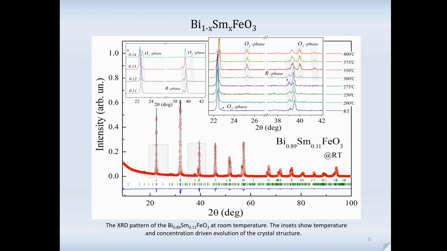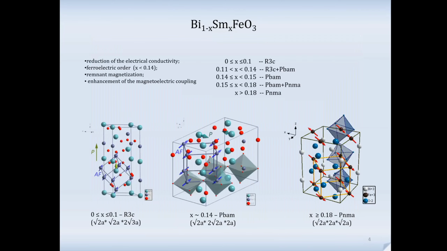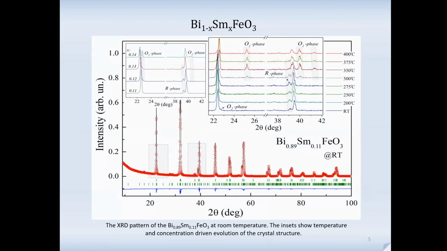And the natural question arises, if this phase coexistence, which I mentioned here, from 11 to 14% of samarium content, if this concentration range is natural and intrinsic to the system, or it's a function of our preparation method and preparation conditions.